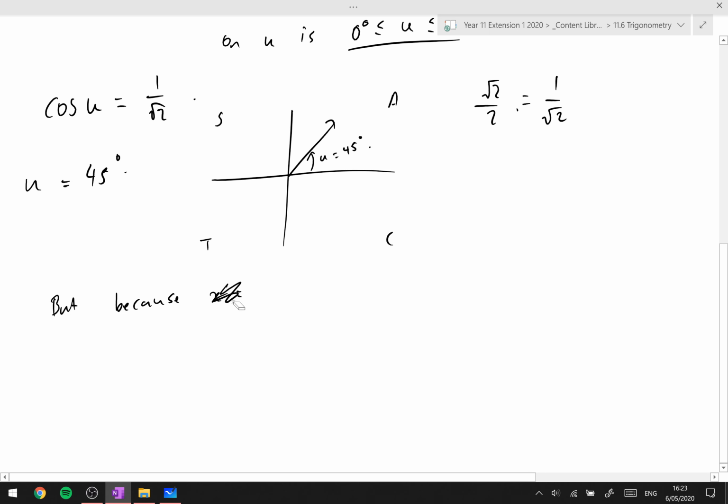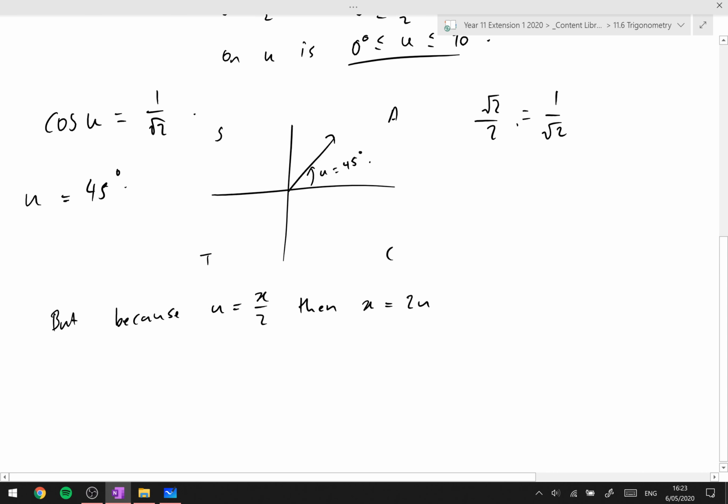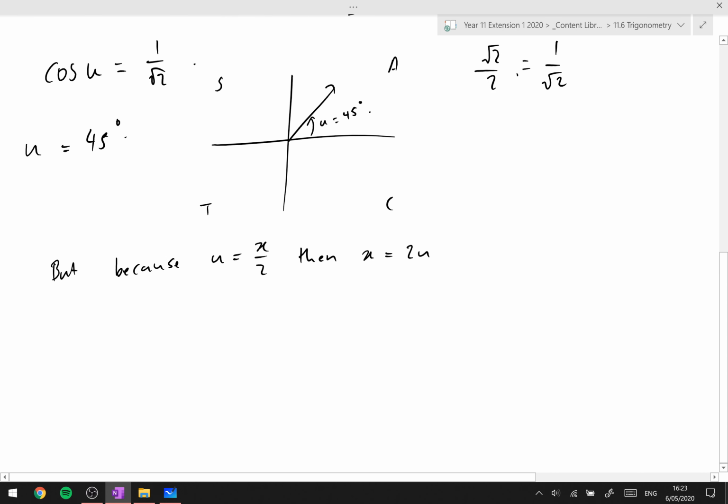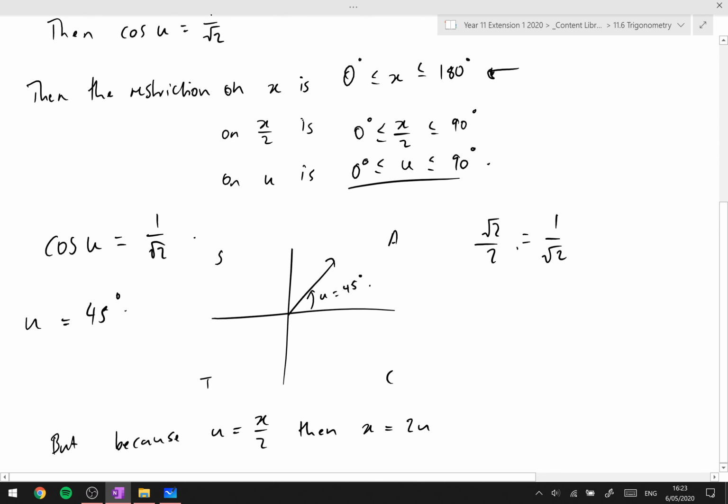If u is equal to, what do we decide? If u is equal to x on 2, then x must be equal to 2 lots of u. So my restriction is going to go back. By effectively doubling u, my restriction is going to go back to between 0 and 180 degrees, okay?